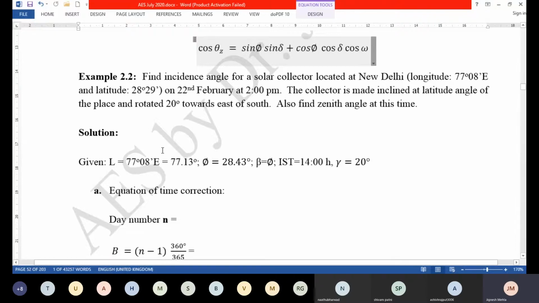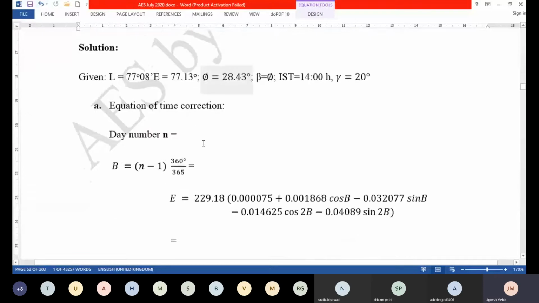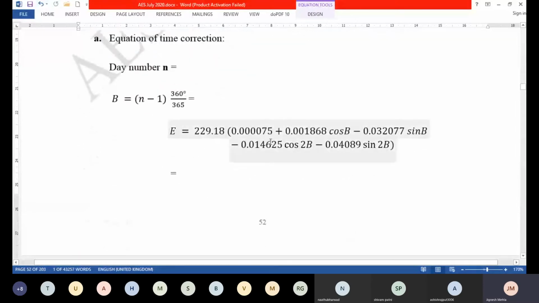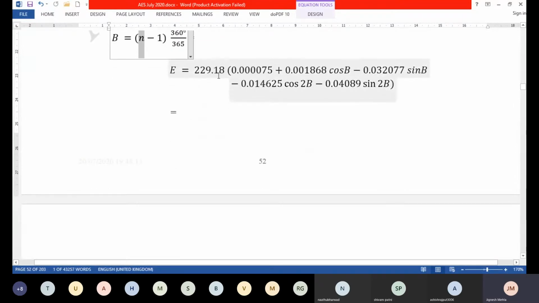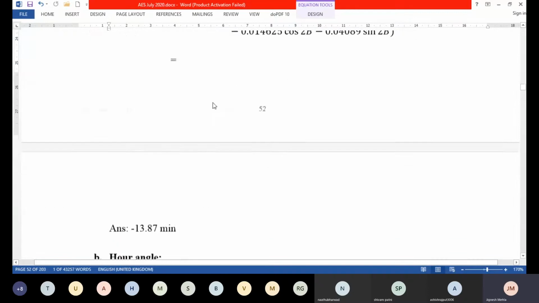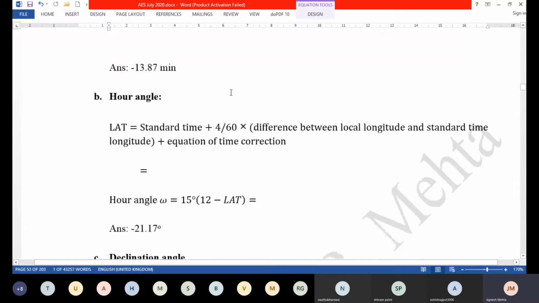So what you need to do is, let's say you first want to get the equation of time correction. You get it with the help of this formula, and it depends upon the day number. The day number is used, and you get B. From that you get the equation of time correction. In this example, it should come out to be minus 13.87 minutes.